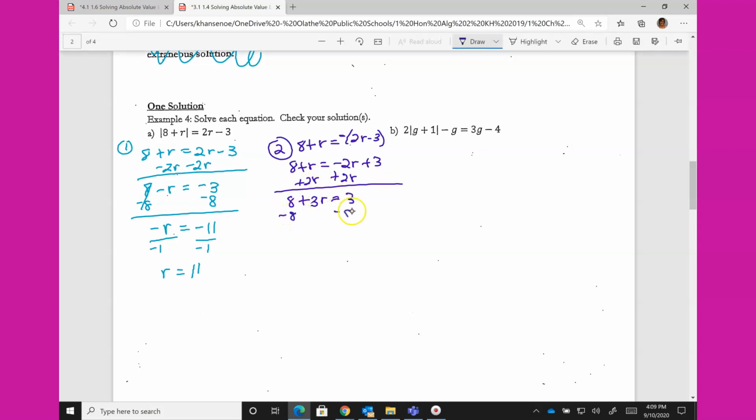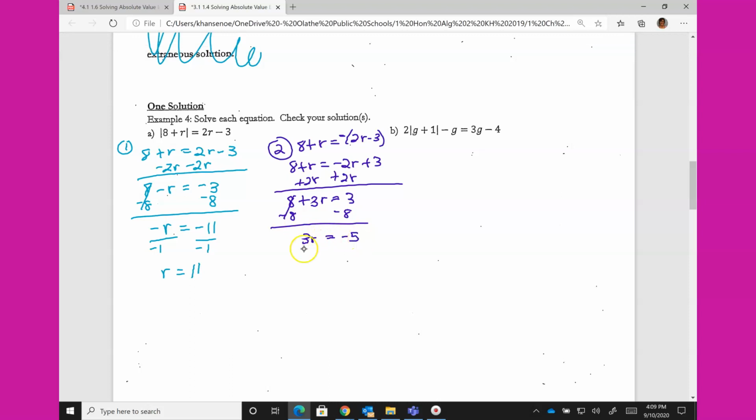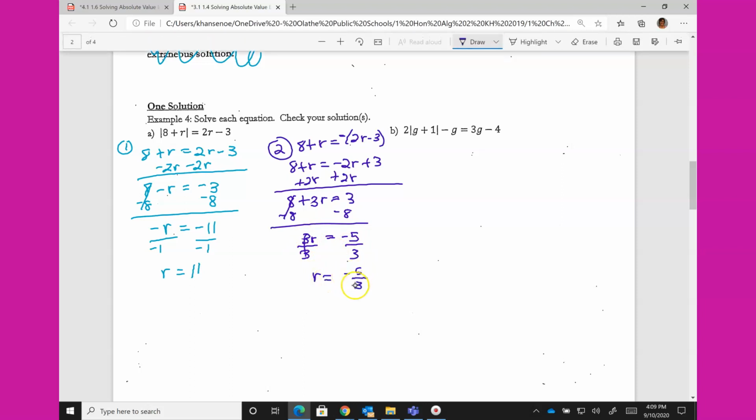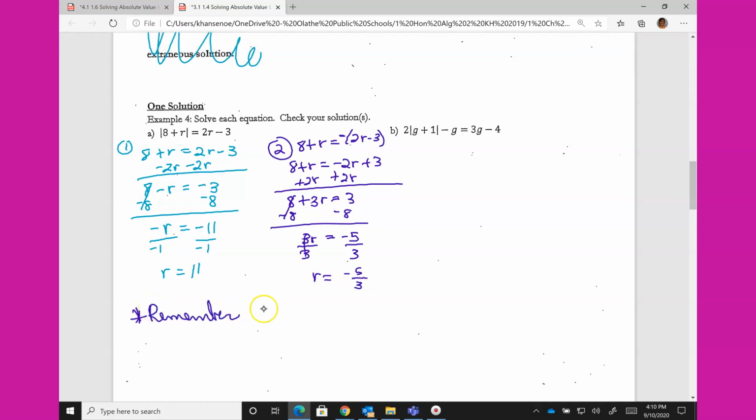I'm going to subtract 8. I get 3r equals negative 5. I'm going to divide by a positive 3. I get r equals negative 5/3. Okay, so I'm going to put right here, remember to check answers.